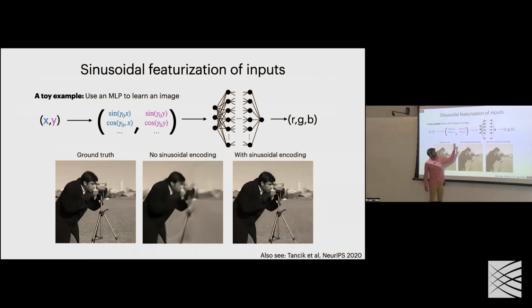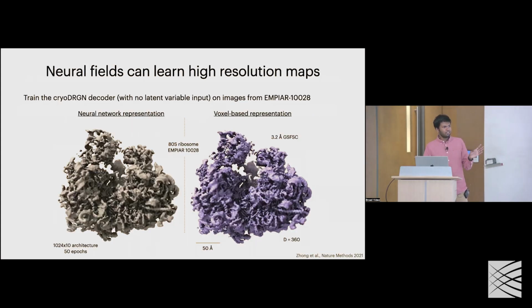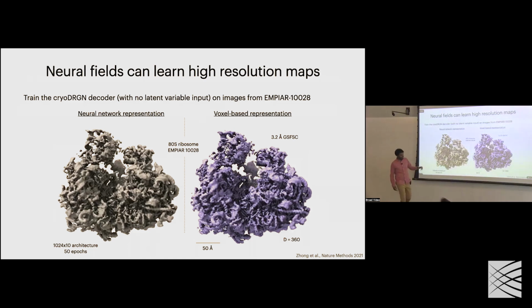But by transforming those coordinates into this higher dimensional sinusoidal space, we're able to learn these high resolution images. And this is one more demonstration that for pretty high resolution images of size 360 by 360, both the explicit voxel-based representation and the neural representation can converge to high resolution.